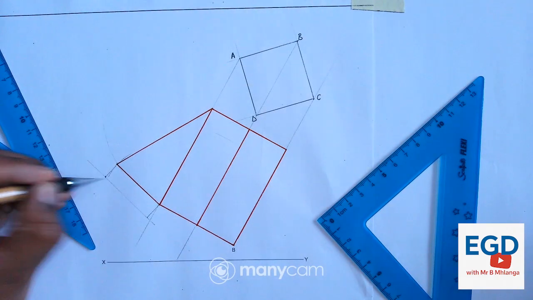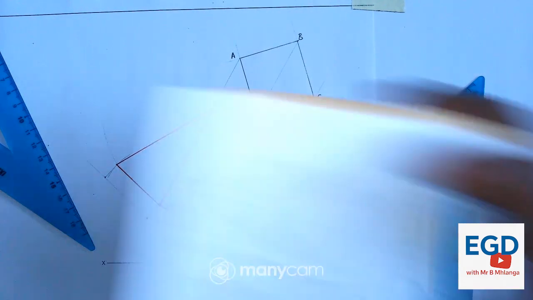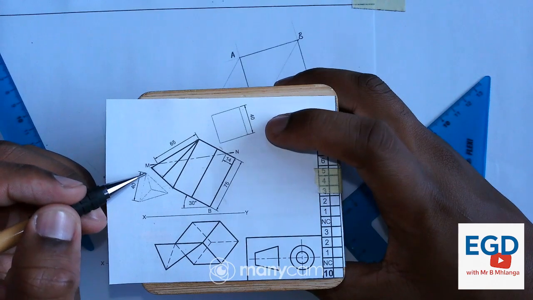So obviously I have this point and that point, so those 2 points, it's this one's here.